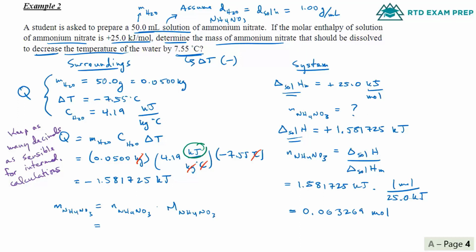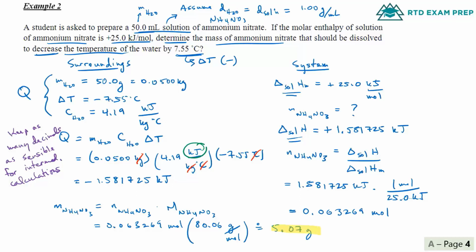This is going to be 0.063269 moles times, okay, and the molar mass of ammonium nitrate is 80.06 grams per mole. And what that's going to equal is about 5.07 grams. Okay, and there's our final answer.